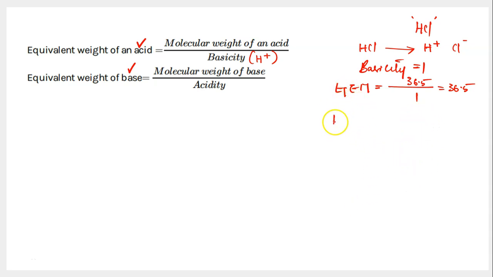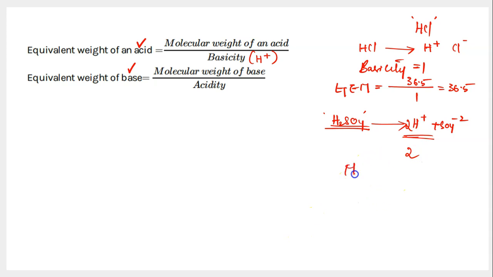Let's talk about H2SO4. This is another acid. Now you try to calculate the gram equivalent mass of H2SO4. Of course, since it is an acid, you have to use the first formula, which says molar mass of an acid divided by its basicity. So to calculate basicity, ionize this H2SO4. It leads to formation of 2 moles of H plus and SO4 minus 2. So basicity of H2SO4 is equal to 2.